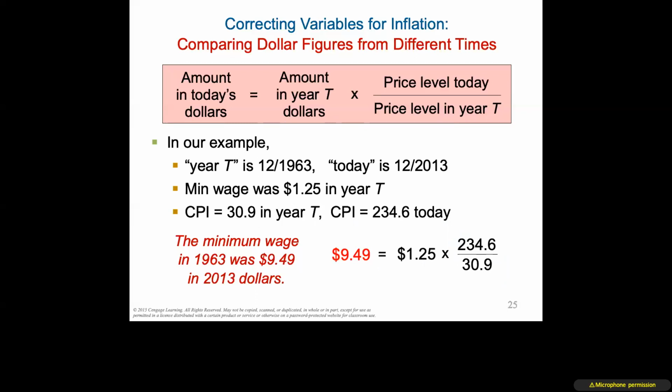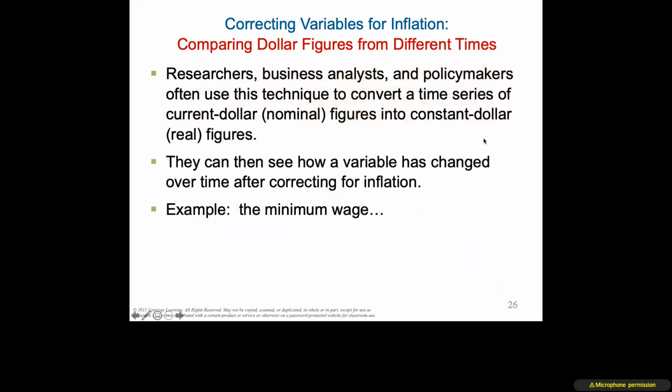It means our minimum wage now has less purchasing power, because it was $7 and something, than it did in 1963. So researchers, business analysts, and policymakers all use these to convert numbers so that they can take a look at what's happening over time.